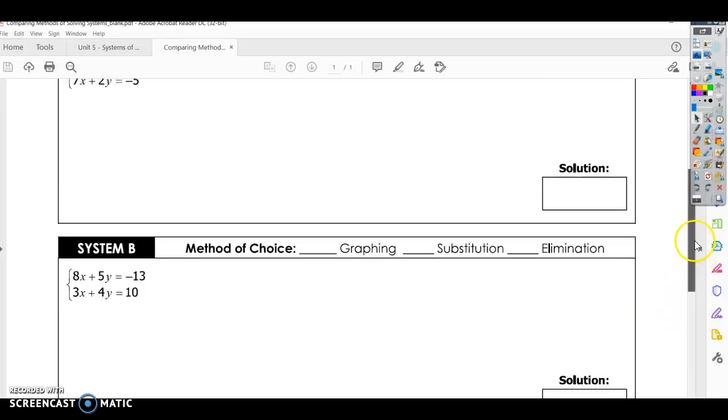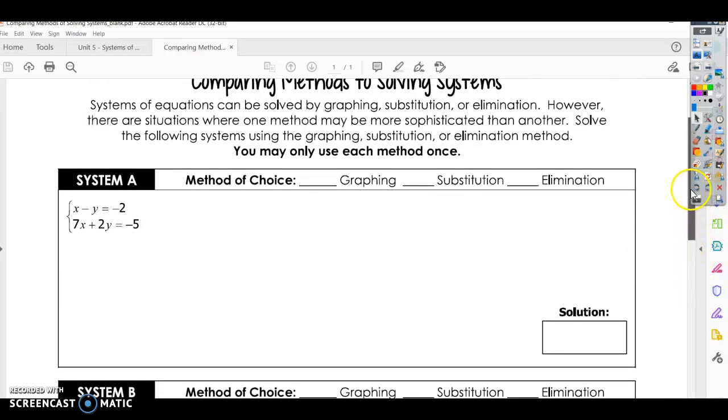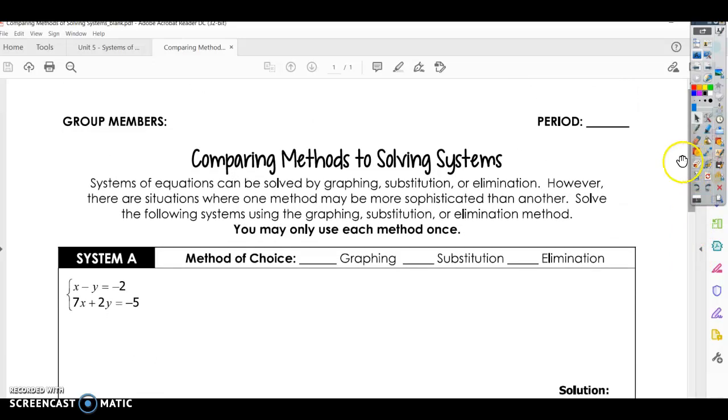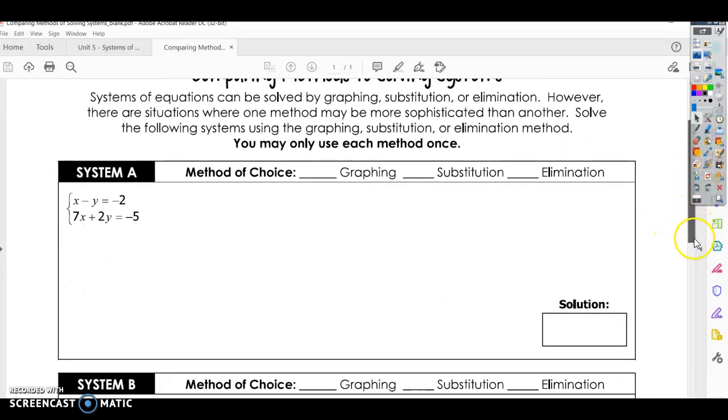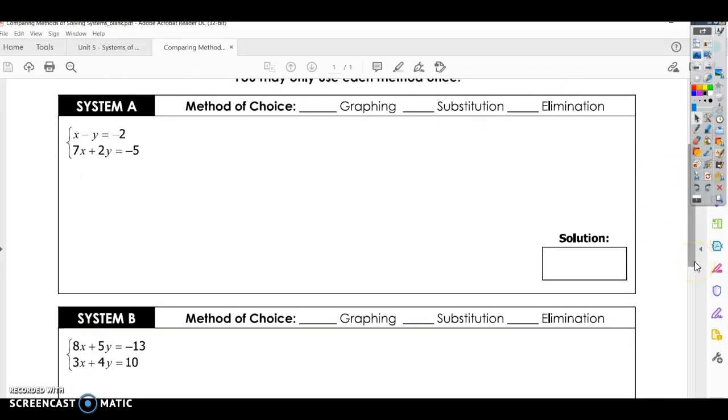So let's start with the first one, and we'll say that for the first one we're going to use the substitution method. All right, so if you remember, in substitution you have to have one of the variables equal to something, and that way we can plug it into the other equation. So for system A, I'm going to solve this first equation for x.